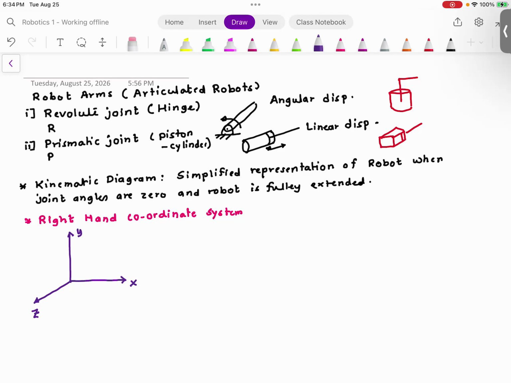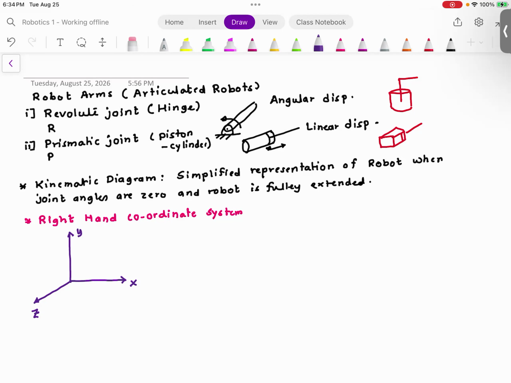Now let's talk about the rotations. You are going to have 3-dimensional rotations. To identify if the rotation is positive or negative, you will curl the fingers of your right hand in the direction of rotation.